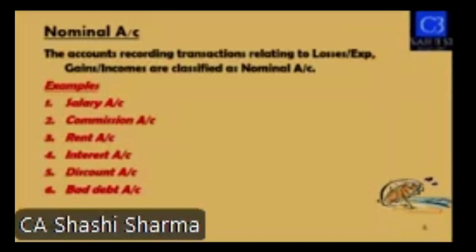So the first thing is the type of account. Whenever we are going to record a transaction, you have to search for the names of account and their type involved in the transaction. Then you have to apply rules. You should know the rules for these types of account. What are the rules for debiting them or crediting them?